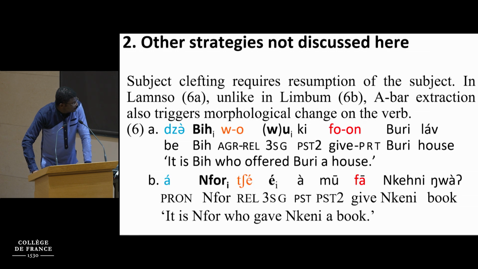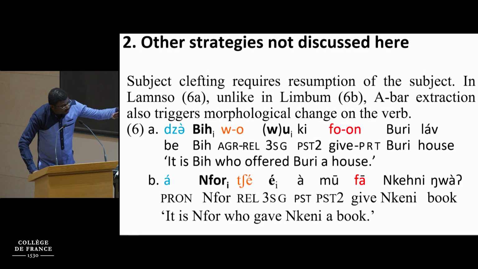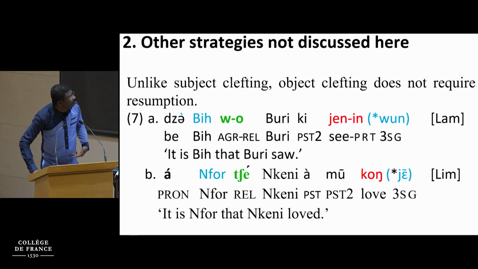In Limbum, you have the pronoun, but you don't have the copula. And then the subject here, because it is the subject that is cleft, you have a resumptive pronoun. But there is no morphological change on the verb. As opposed to subject focusing, object focusing doesn't require resumption.